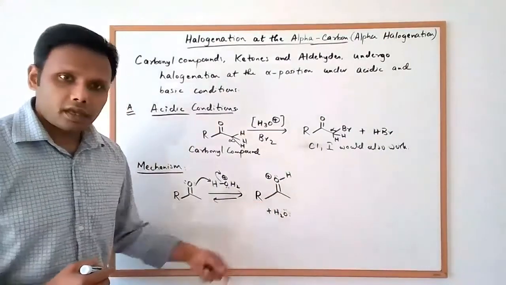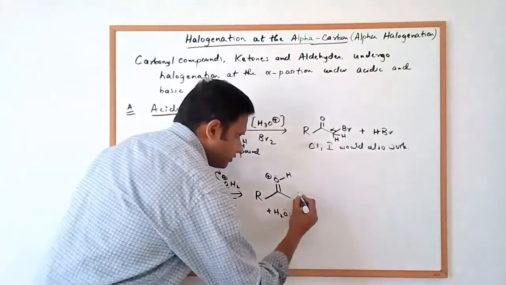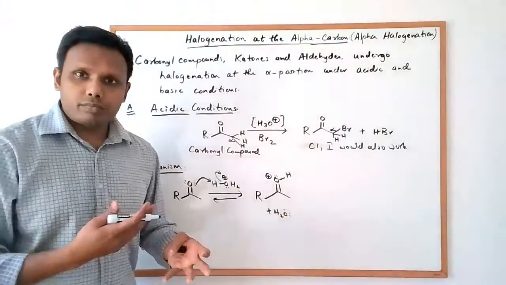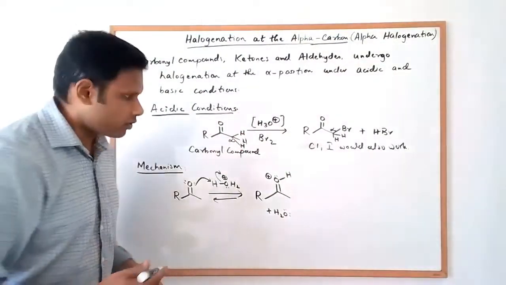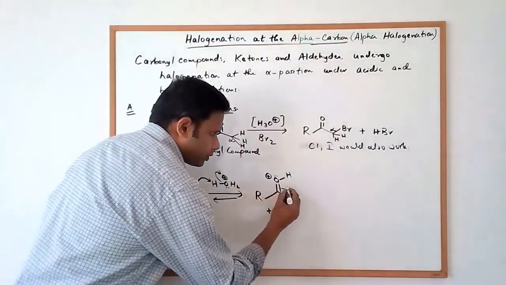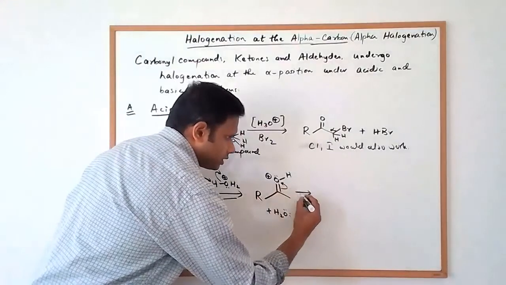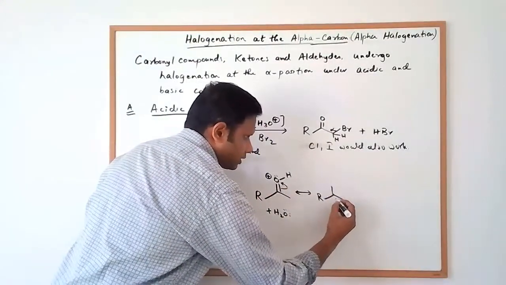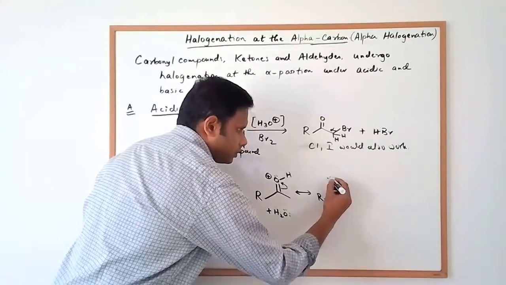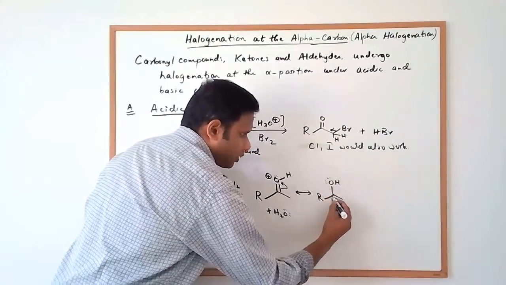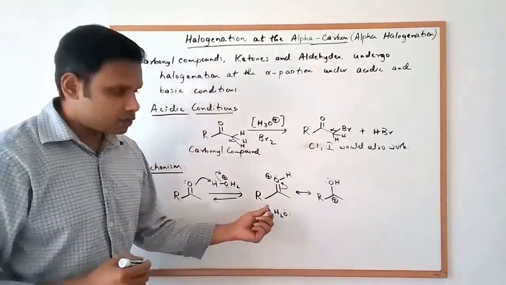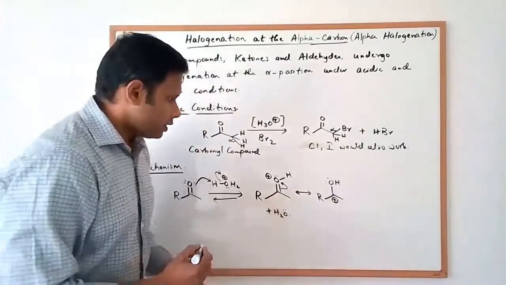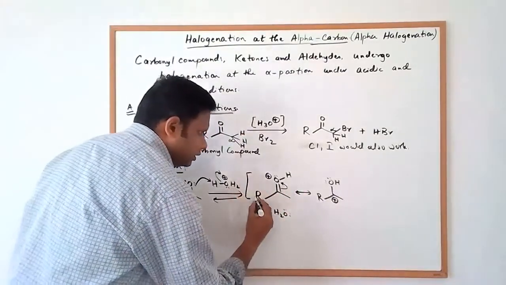Once we are here, as we saw previously in the case of enol formation, this protonated carbonyl compound can do resonance. So we can draw a resonance form for this molecule where we have a positive charge here. Essentially, we're just trying to show resonance here. This is not a step.